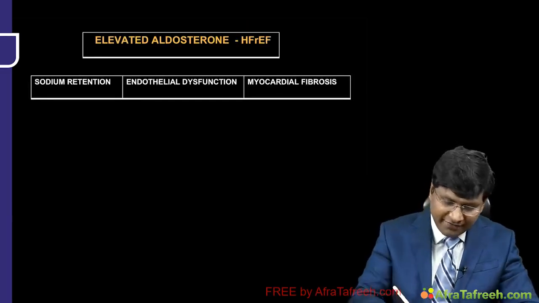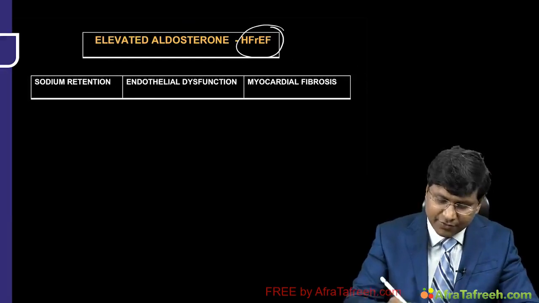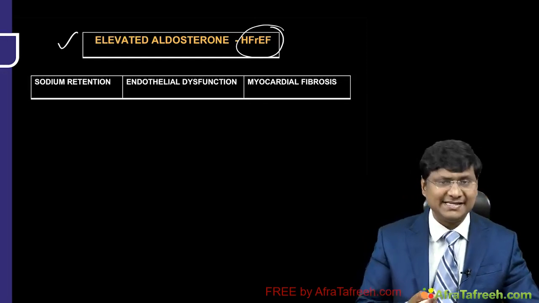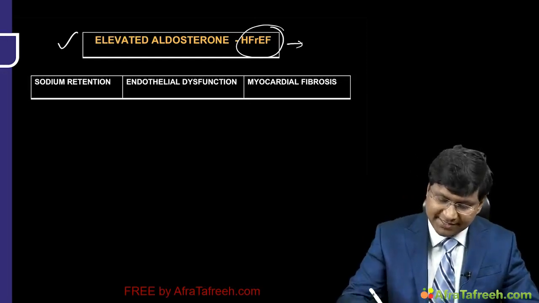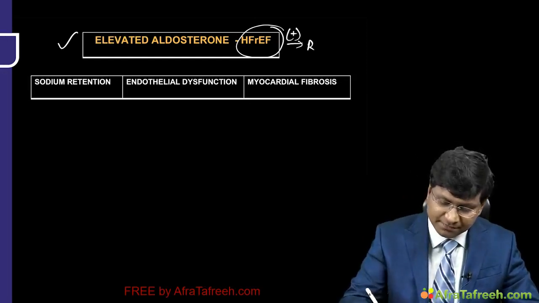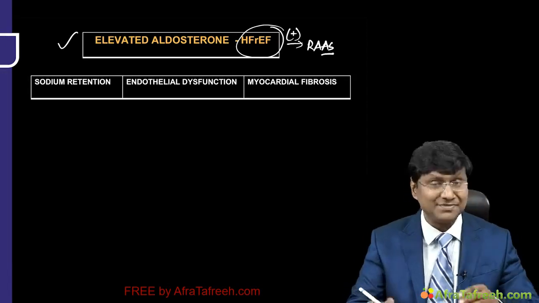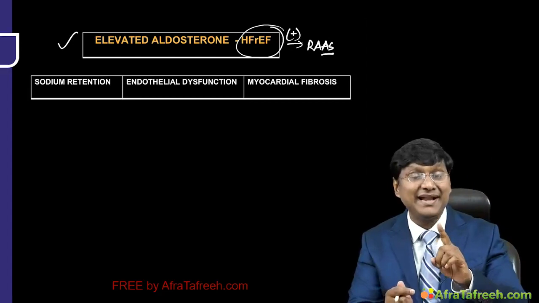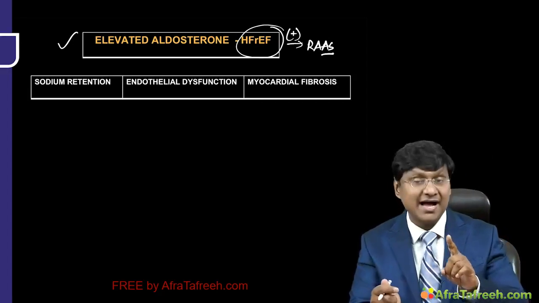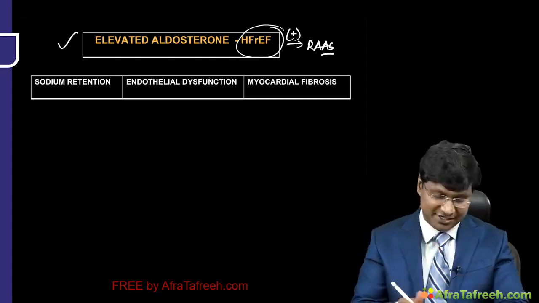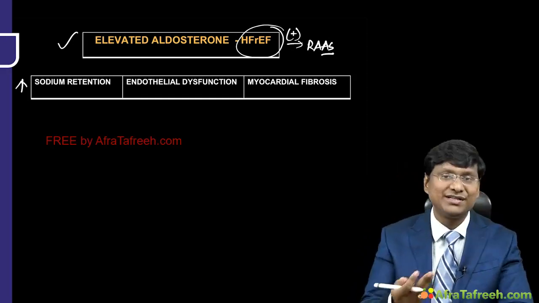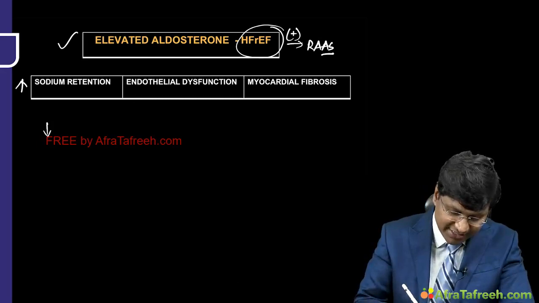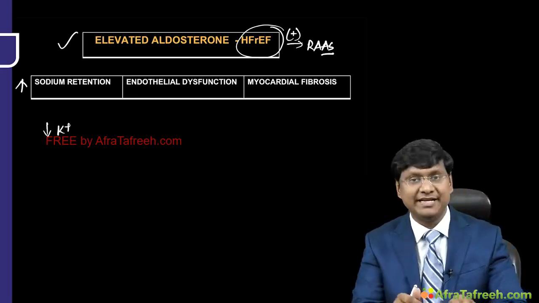Now, in case of heart failure with reduced ejection fraction, what will happen to the aldosterone levels? It increases. Why? Because there is activation of RAS as a compensatory mechanism. So aldosterone is elevated. This elevated aldosterone in heart failure with reduced ejection fraction will promote sodium retention, and it will also cause potassium excretion, that is hypokalemia.